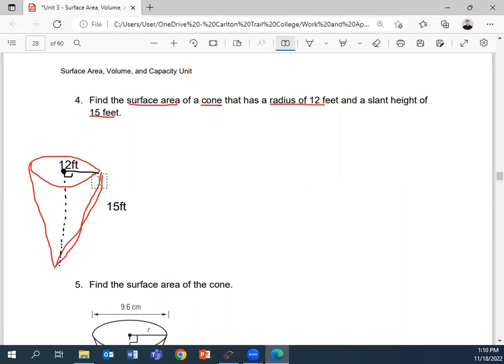So right now, the height is 9 feet. You'll eventually be able to figure that out for yourself. You might be able to already, but I don't care about Pythagoras right now. I just care about finding the surface area of this.